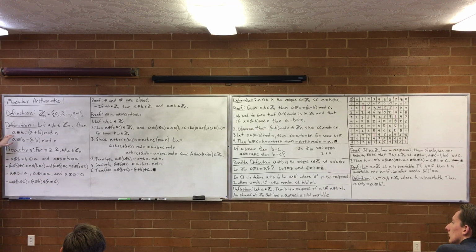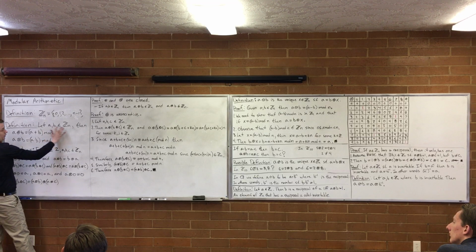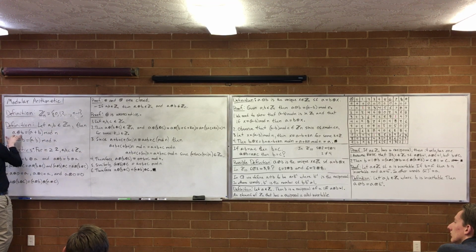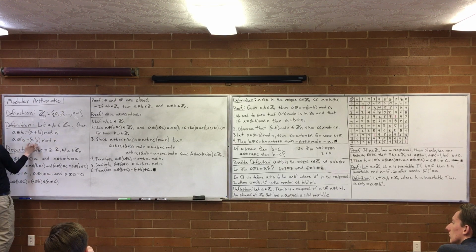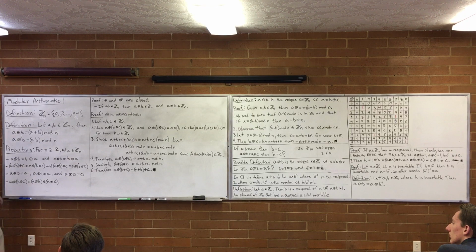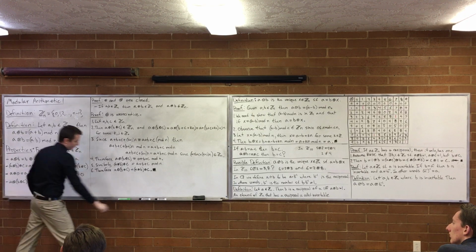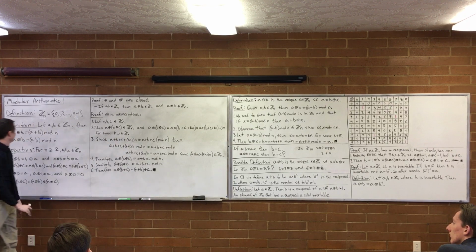So we talked about plus and times last time, but let's look at their definitions again real quick. If I have two elements in Zn, whatever Zn is, then we define A plus B to be the regular sum mod n, and A times B to be the regular product mod n. And this worked almost exactly how you expected it.